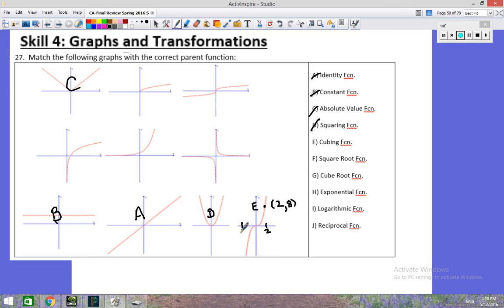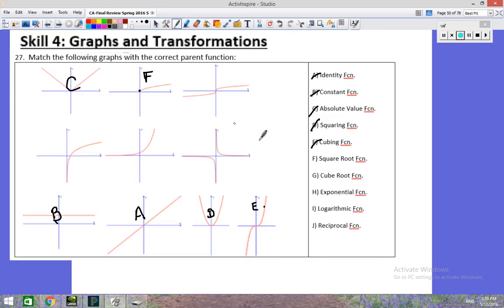If you have a number like -2 and you cube it, it'll be -8. So -2, -8 would be on the graph. Square root function, square root of 0 is 0, and it gradually increases. Here it is right here.